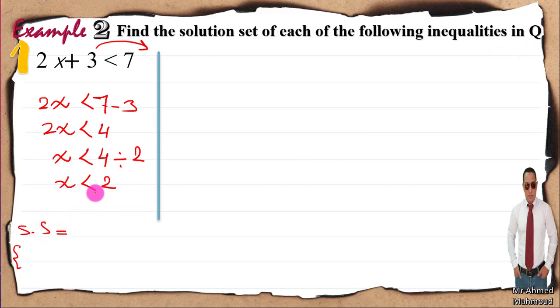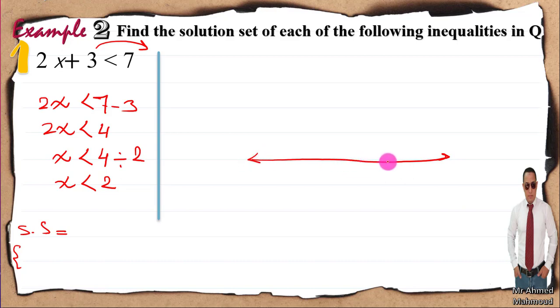Okay, so I don't know exactly what the rational number less than 2 is. So what am I going to do? I'm going to explain with another meaning before writing the inequality.